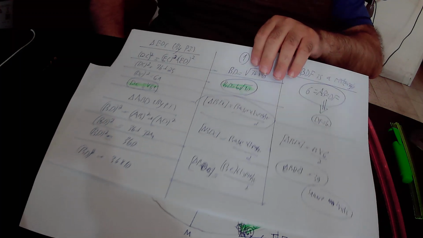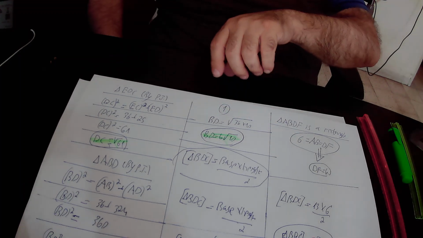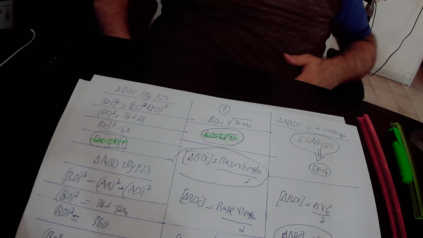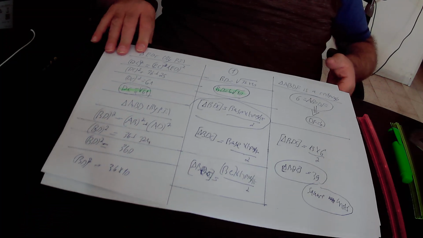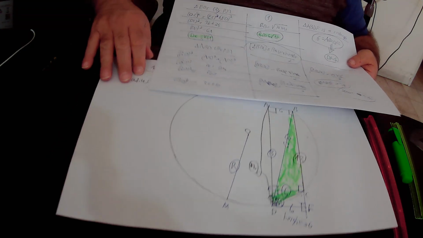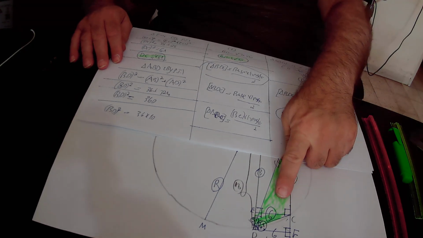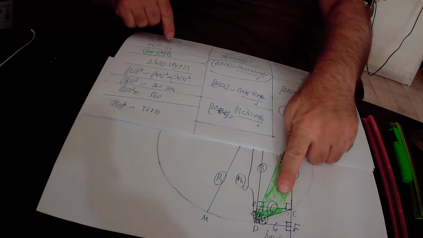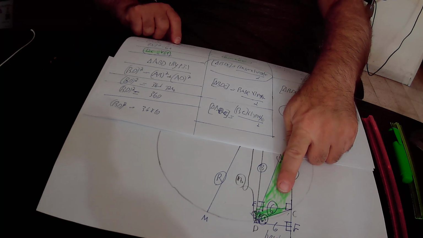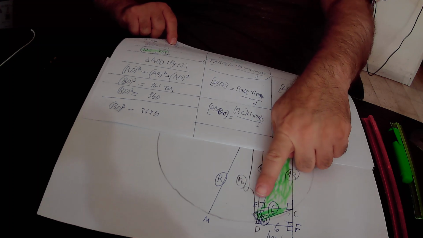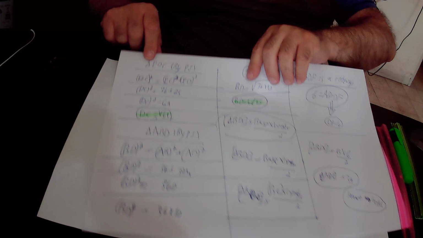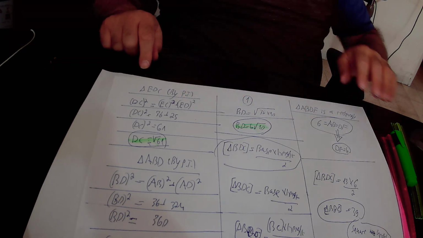Okay, so in conclusion, according to the Pythagoras theorem, DC square equals EC square plus ED square. Here EC equals 6, therefore EC square is 6 squared, that is 36, plus ED square. ED equals 5 units, therefore ED square equals 5 squared, that is 25.